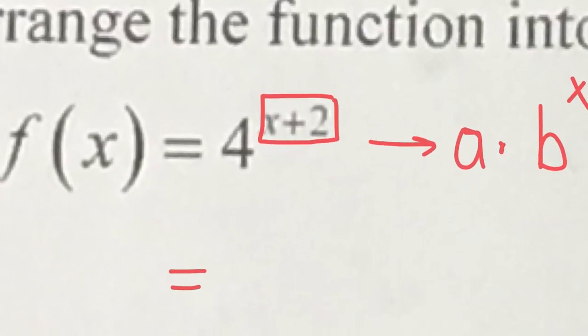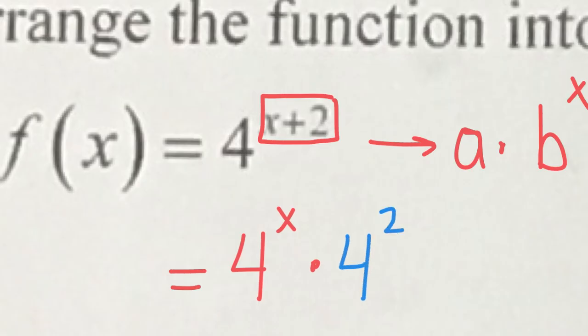This is 4 to the x plus 2. So my first term is 4 to the x times, what's my new term that I have to create? 4 to the 2nd power. Okay, it has the same base, so we have a base of 4 to begin with, and here's my x from my first part, and then there's my 2 from my second part.